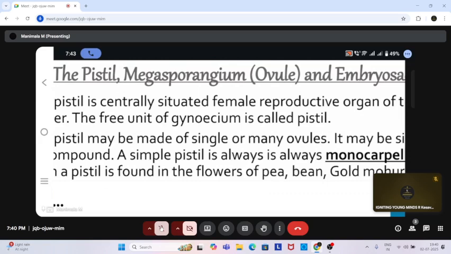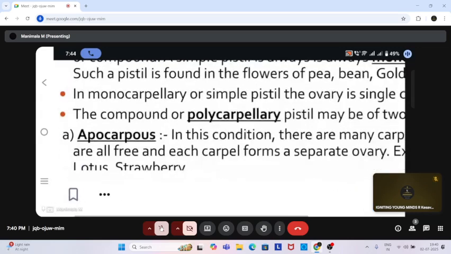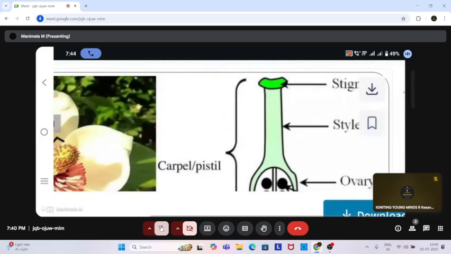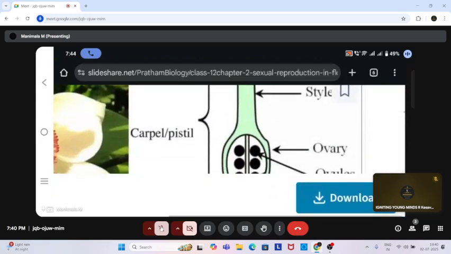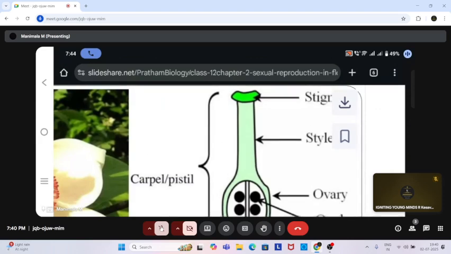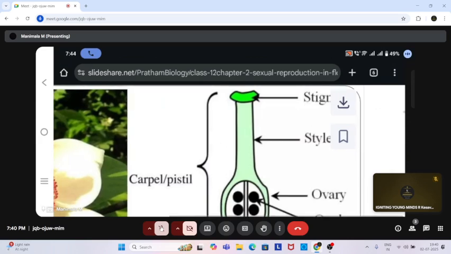The female reproductive part is made up of three parts. One is the long tubular part, which is called the style. The tip of the style is sticky in nature, and it is called the stigma.